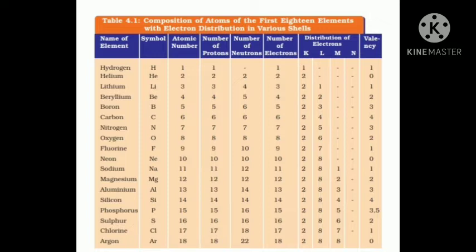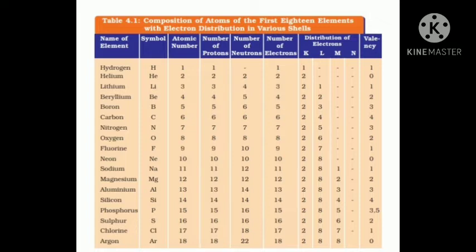So you should subtract from 8. That is 8 minus 5 is equal to 3. Maximum number of electrons in the shell is 8. So 8 minus 5 is equal to 3. 3 is the valency.